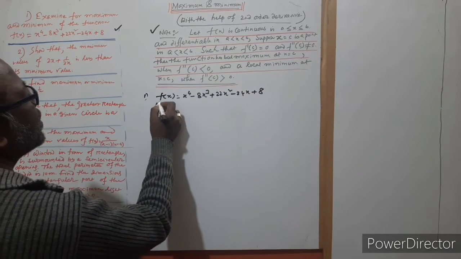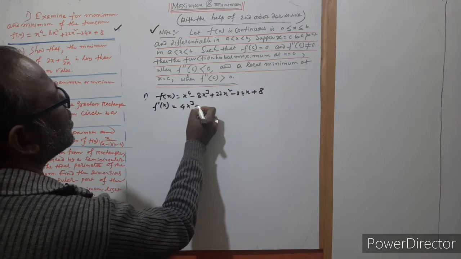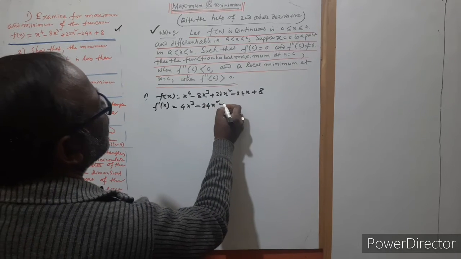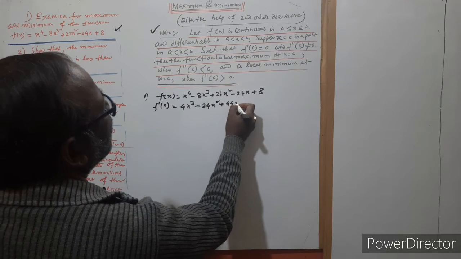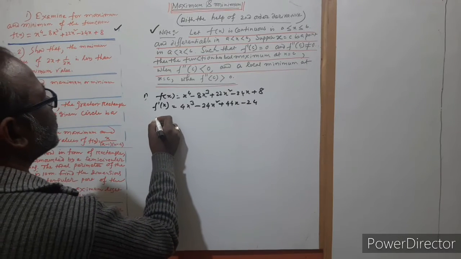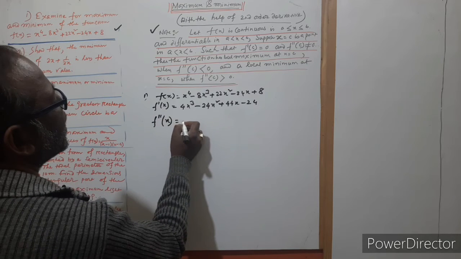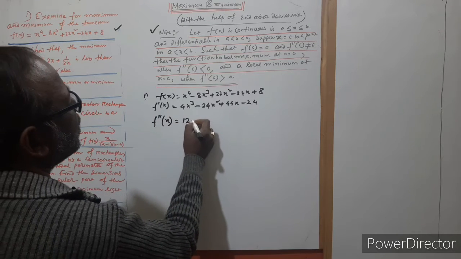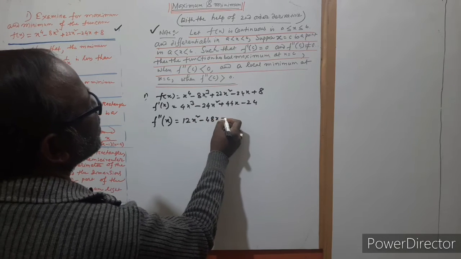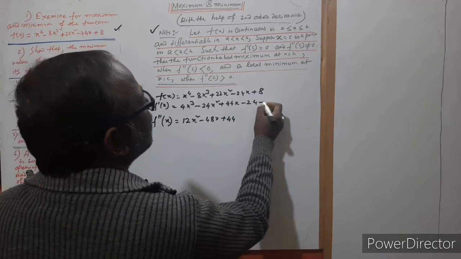First differentiate this, we get 4x cube minus 24x square plus 44x minus 24. After that, doing f double dash, the second order derivative, that is 12x square minus 48x plus 44.